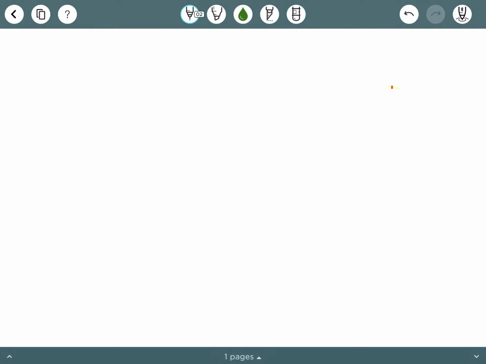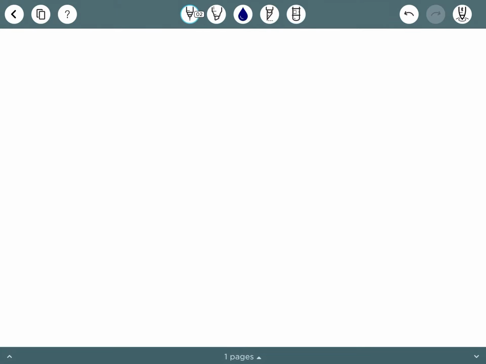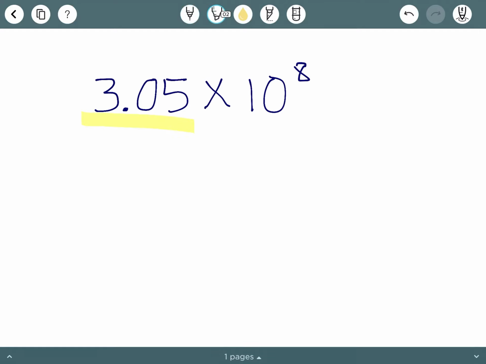So let's try, say, let's say we have 3.05 times 10 to the 8th. All right, so we've got to work backwards to take this out of scientific notation and put it into standard form. So what we want to do is start by looking at this leading digit. We'll copy that down, 3.05.